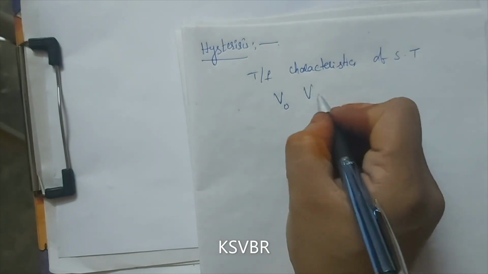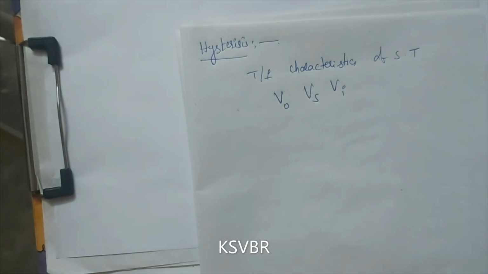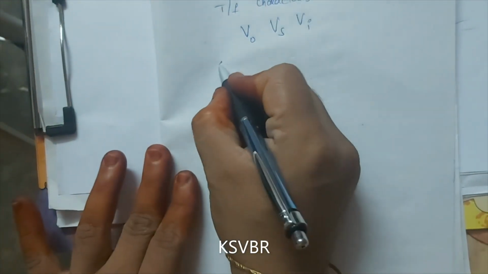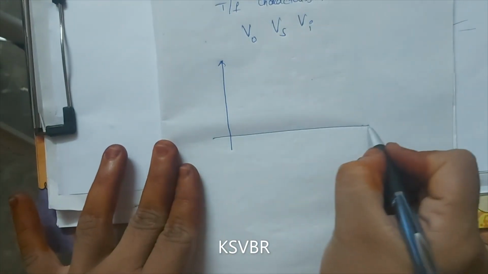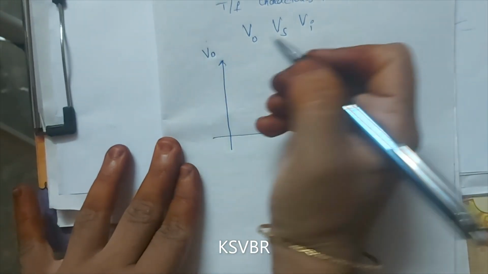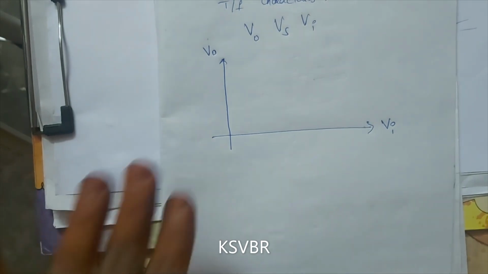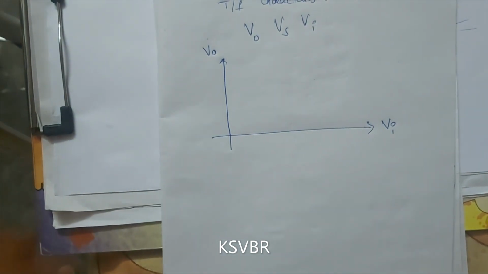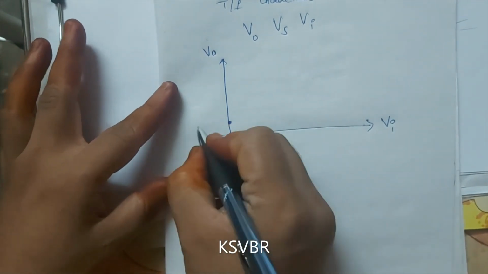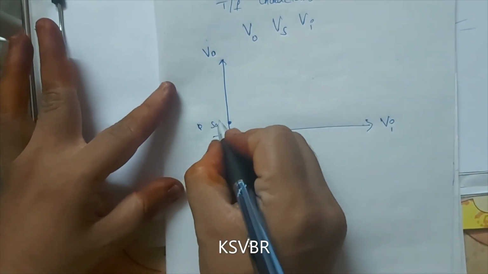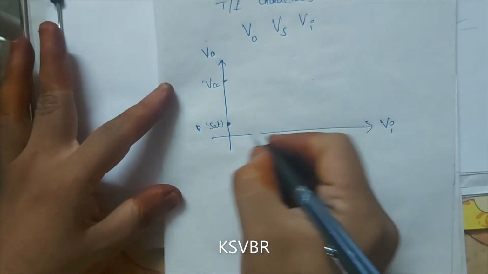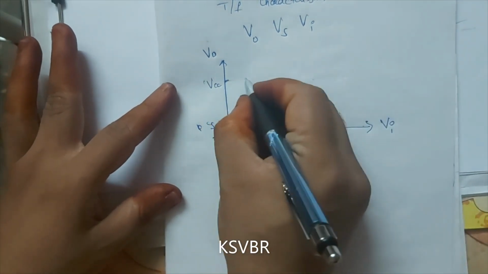The graph between output voltage and input voltage. Now let us see how the hysteresis curve comes. This is very, very important. V input, V output. These are the saturation levels. This is the maximum level. This is VCC. So from here it starts.